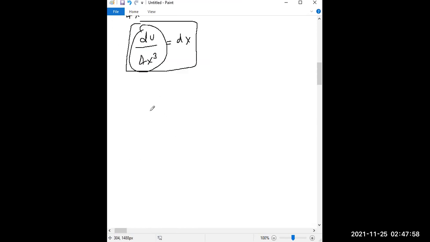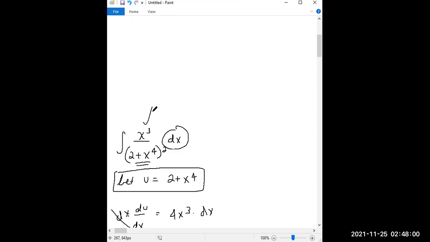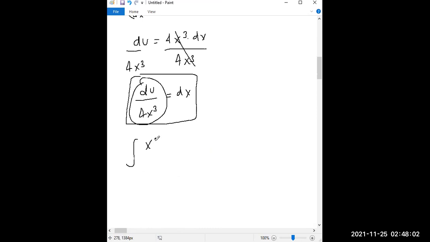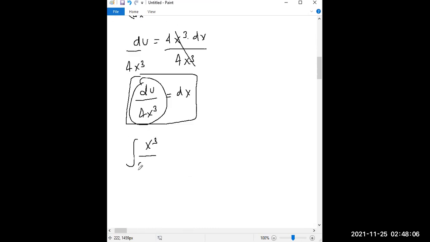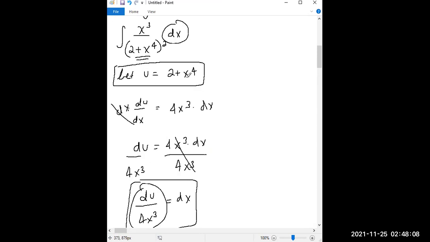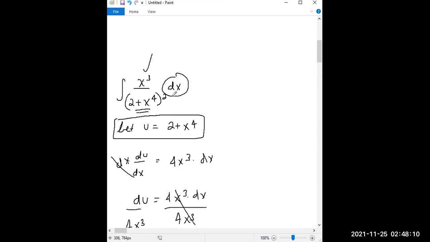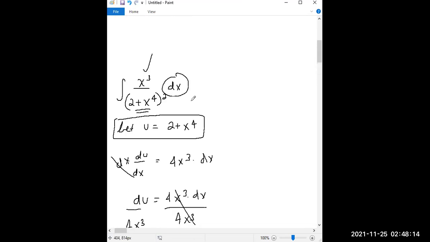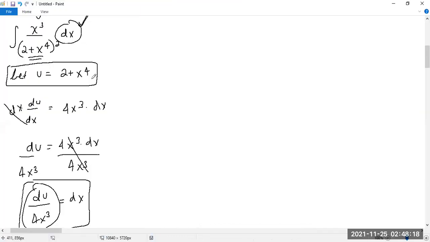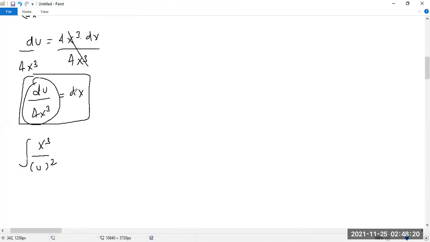So I had x cubed over u squared, because remember I let u equal 2 plus x to the 4th. And then the dx has been replaced with du over 4x cubed.